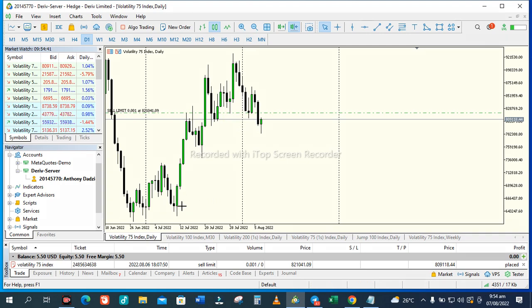Price broke the structure, and boom, broke this. So when price came down here, it went up, price broke the structure.